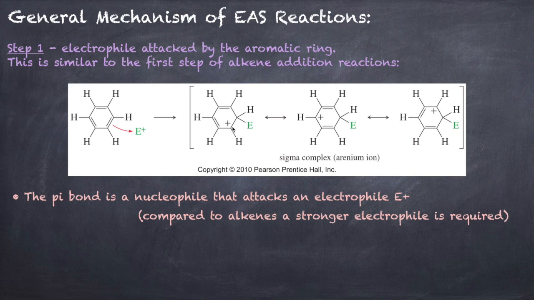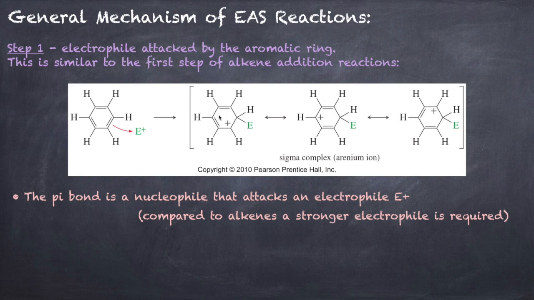If you look at this carbocation intermediate, five of the six carbons are sp2. They all have an unhybridized p orbital that are either being used for pi bonding or are empty for the carbocation. This is an sp3 carbon now.